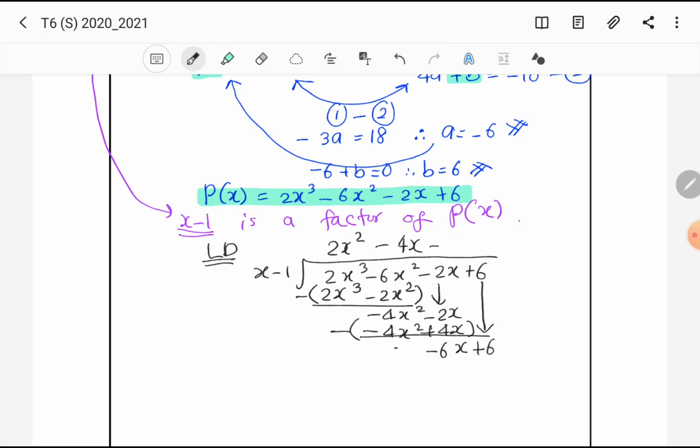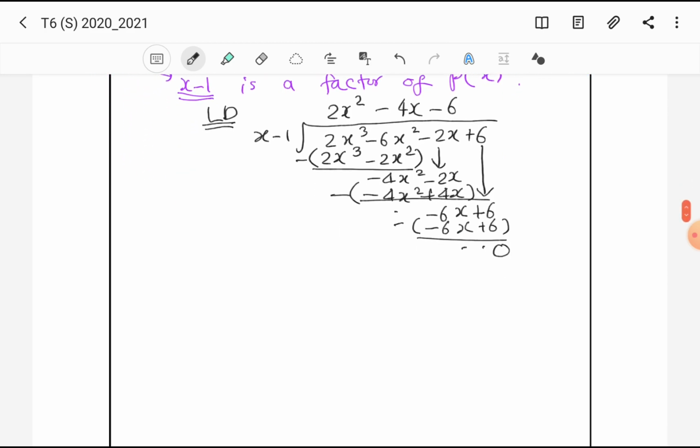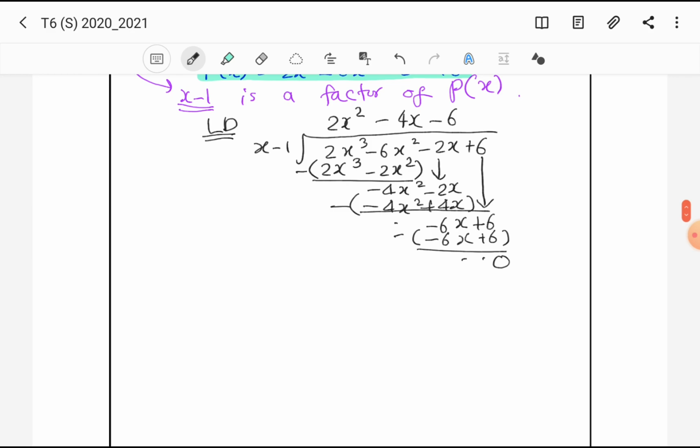So on the top, we have negative 6. Negative 6x plus 6 minus, so we got 0. Okay, meaning that kita punya calculation ni betul lah. Sebab remainder dia kita dapat 0.